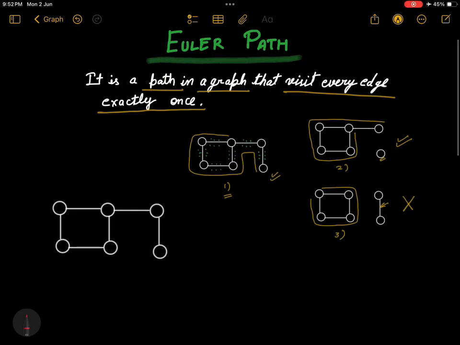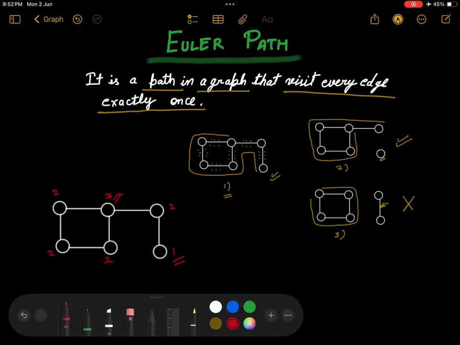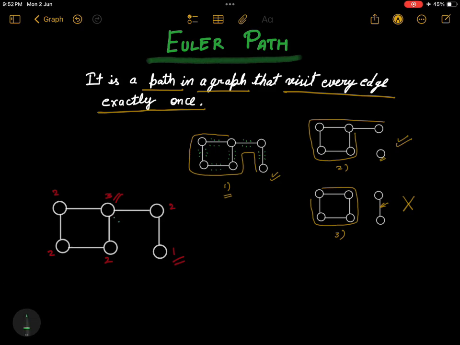Okay, similarly, if we see the degrees of a Euler path in our first graph, you can say we have 2 odd degrees, right? If we have an edge between these 2 nodes, then we will have even degrees and it will become a Euler circuit.